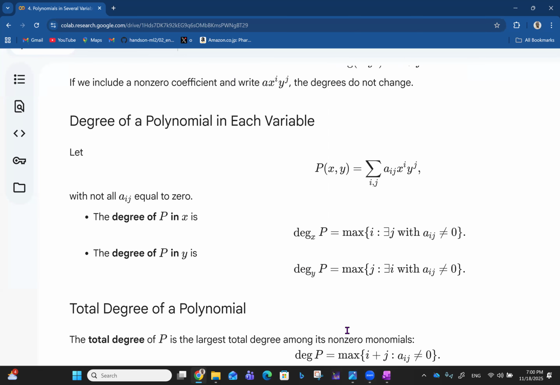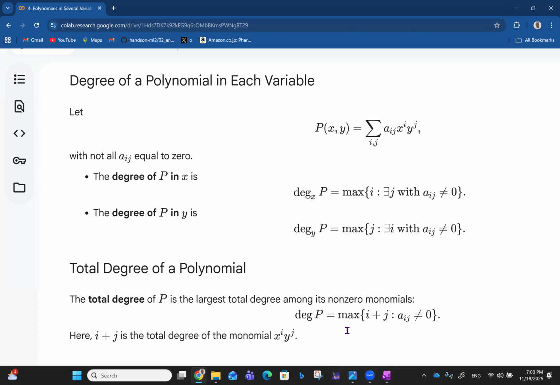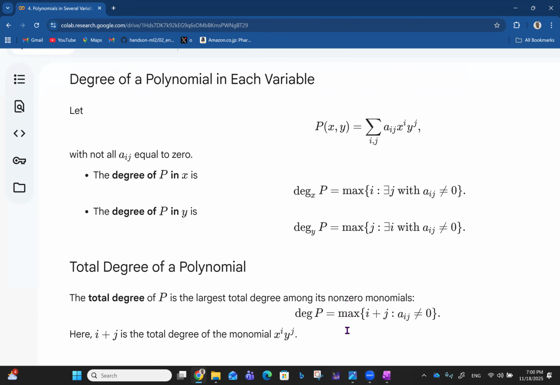So each variable has its own degree, and the whole polynomial has a total degree, which is the sum of the degrees of each variable. Now, the degree of a polynomial in each variable. Let p of x comma y be equal to the summation over i, j of a_ij x^i y^j, like 3xy plus 3x squared y plus 3xy squared plus 3x, with not all a_ij equal to 0, as we've said already.